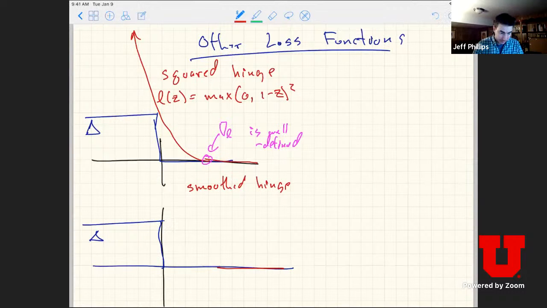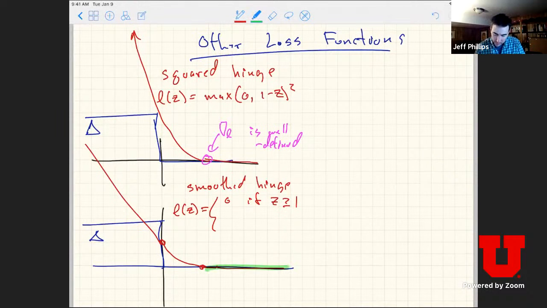Usually they do it so it's quadratic up to here, and then it's going to be linear. So it's going to have 3 pieces. So L of z is going to be a bit more complicated. It's going to be 0 if z is greater or equal to 1. That's the part that's out here.